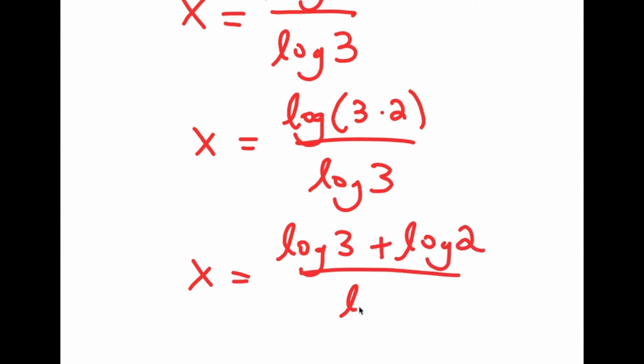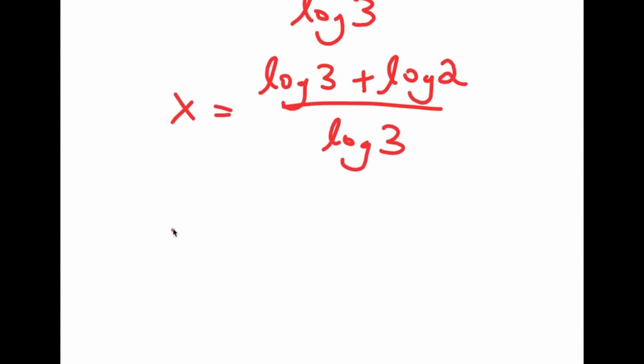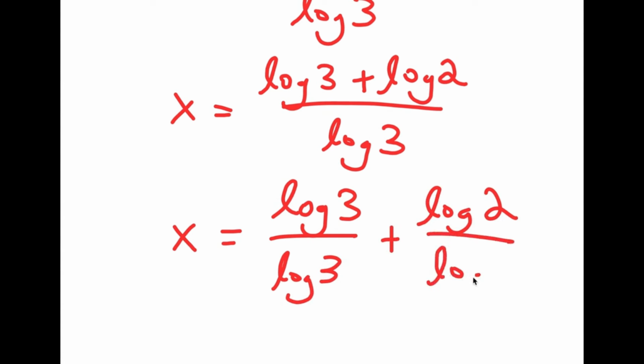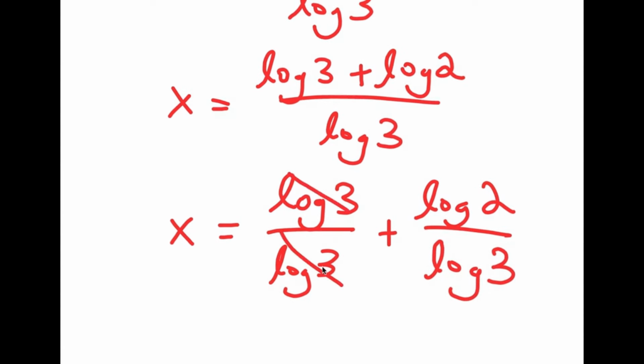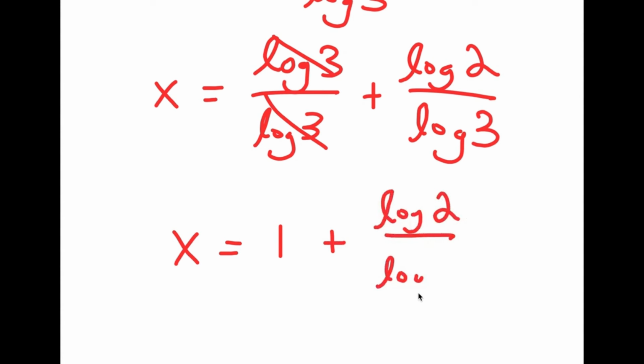And I have this over log 3. I can rewrite this as log 3 over log 3 plus log 2 over log 3. Now, log 3 and log 3, these two cancel out, so I get x is equal to 1 plus log 2 over log 3.